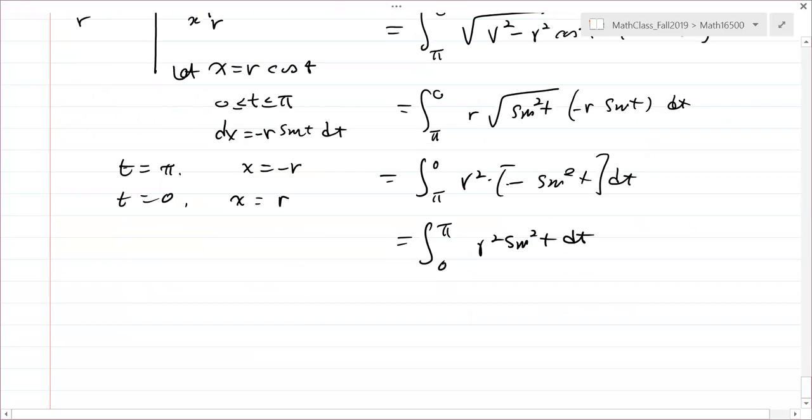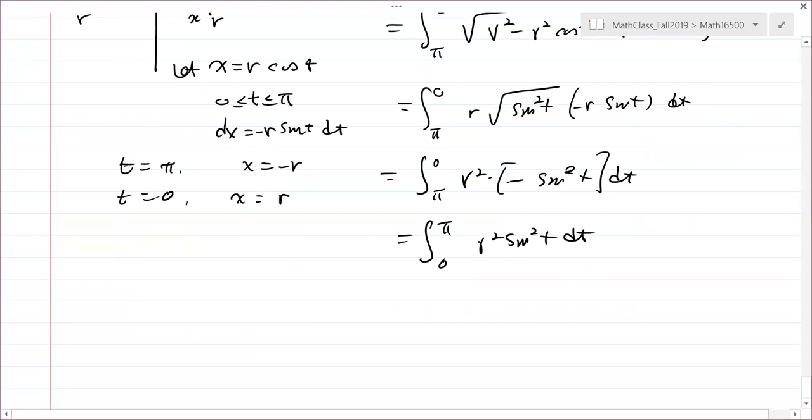what is the integral of sine squared t? You cannot evaluate this directly. But remember, sine squared t is going to be one half of 1 minus cosine 2t.